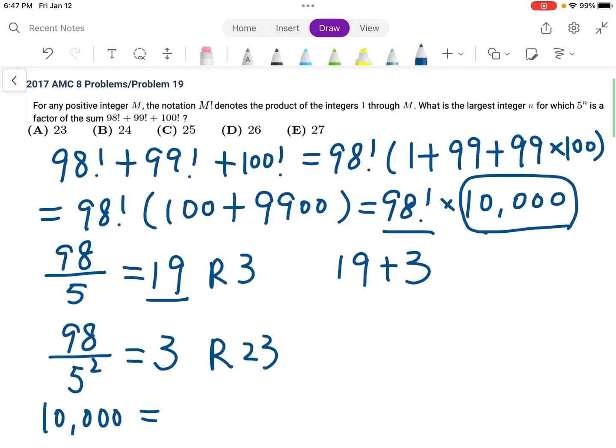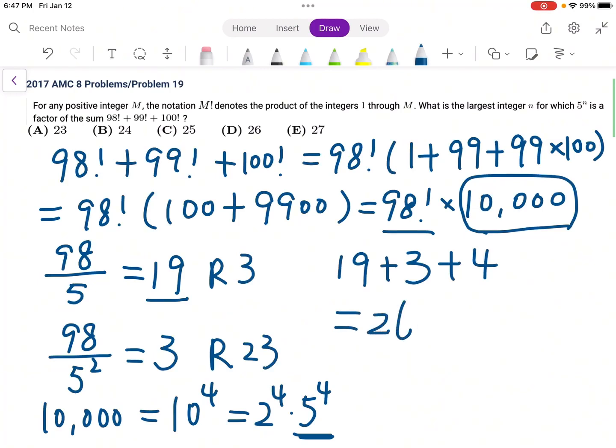It can be expressed as 10 to the power of 4, and 10 to the power of 4 is 2 to the power of 4 multiply 5 to the power of 4. That means it has 5 power of 4, that's 4 here, and we sum them up, it will give us 26.